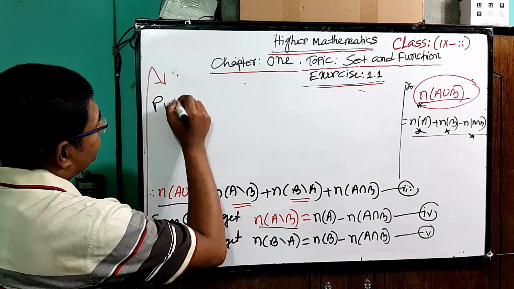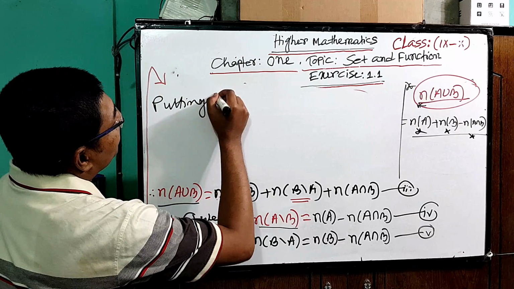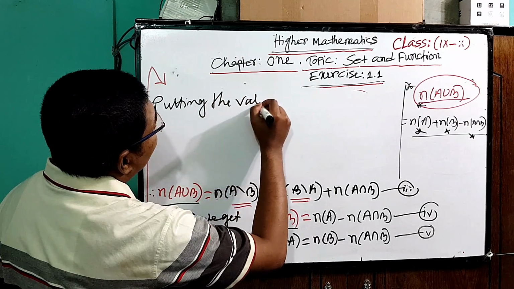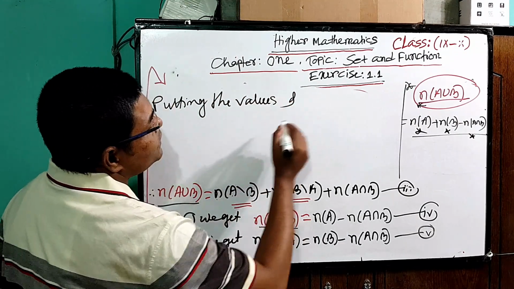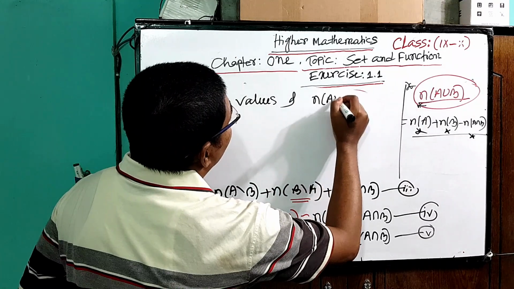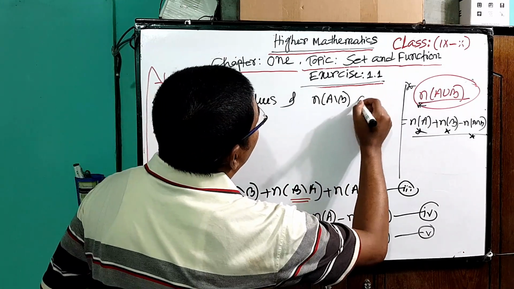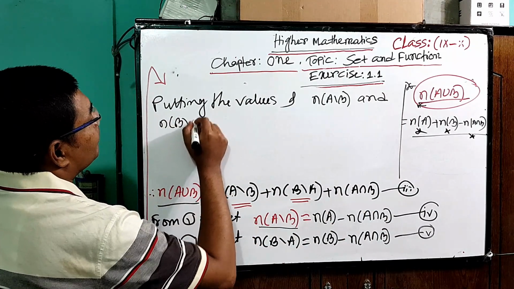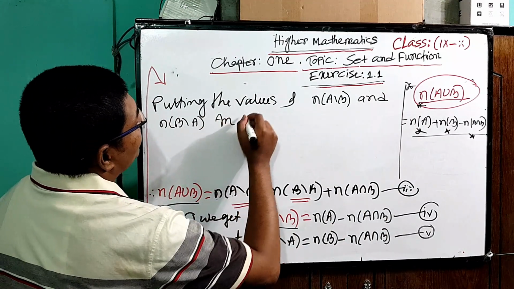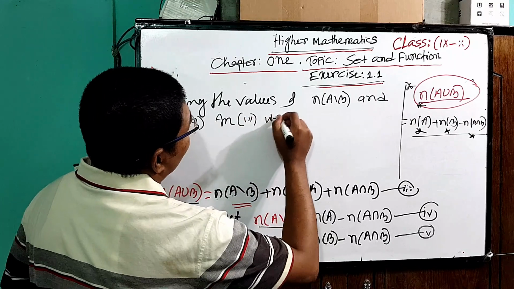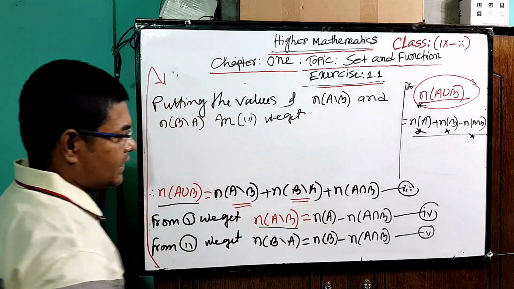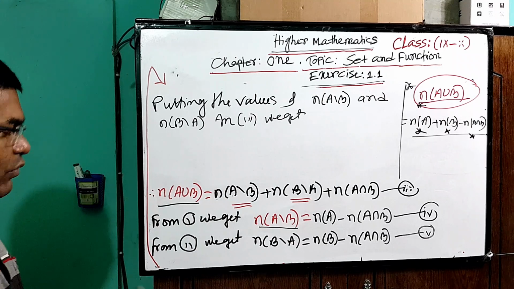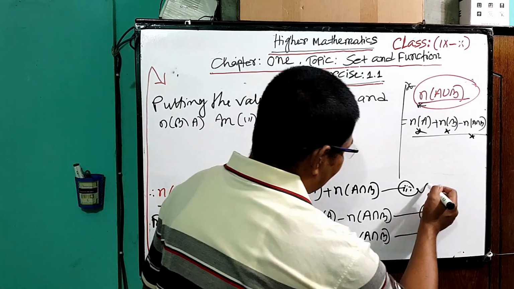Putting the values in 3 we get. Which one is 3? This is the 3.